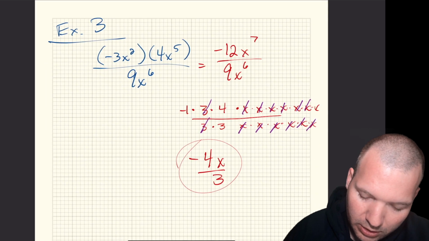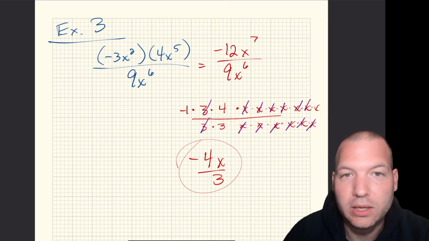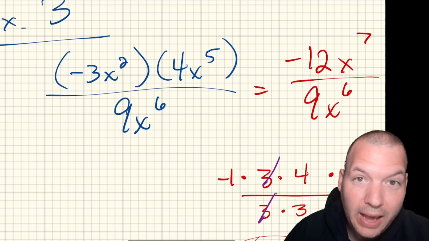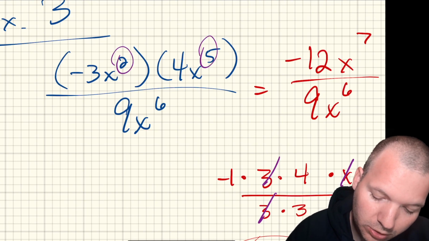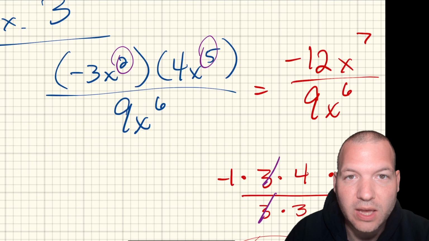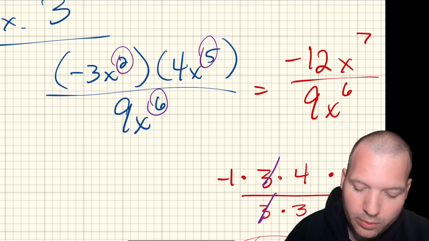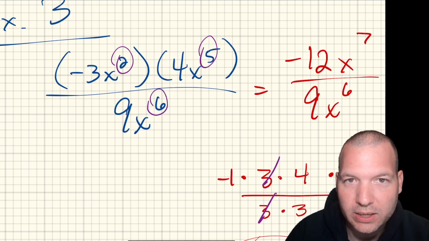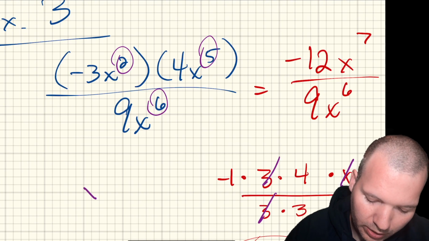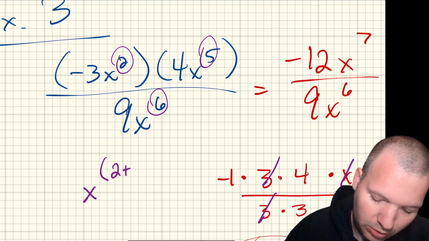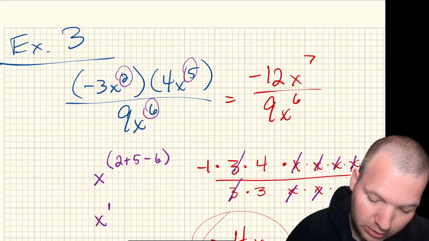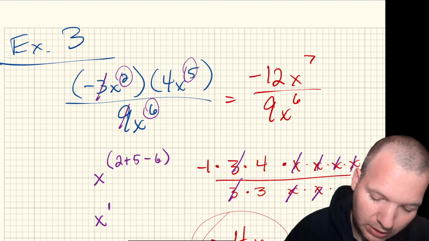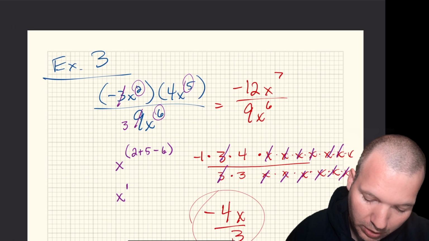Well, is there an easier way to get to negative 4x over 3? Yes, there is, right? So just take a look at our powers up top, 2 and 5. And again, we already said, oh, that's 7 x's. But remember that when we're dividing, we're supposed to subtract. So essentially what we end up with is x to the 2 plus 5 minus 6 power, which of course is x to the first. And then we can also cancel things like 3 goes into 9 3 times.